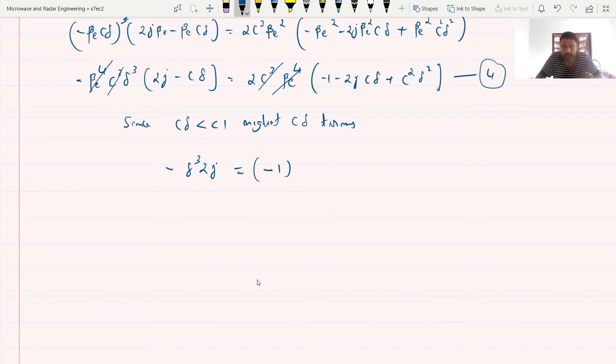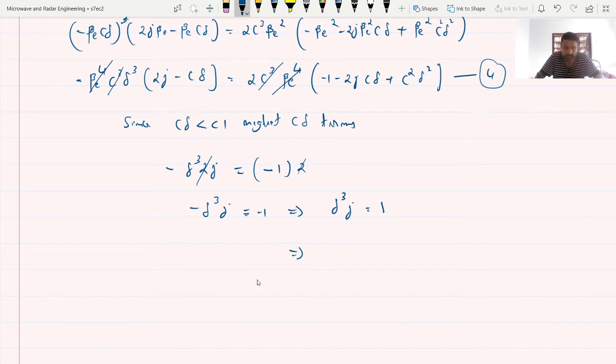Again one more term is there, 2 into this term, 2 into 2 also there. So these two get cancelled, minus and minus will go, so minus delta cube j equal to minus 1, which implies delta cube into j equal to 1.